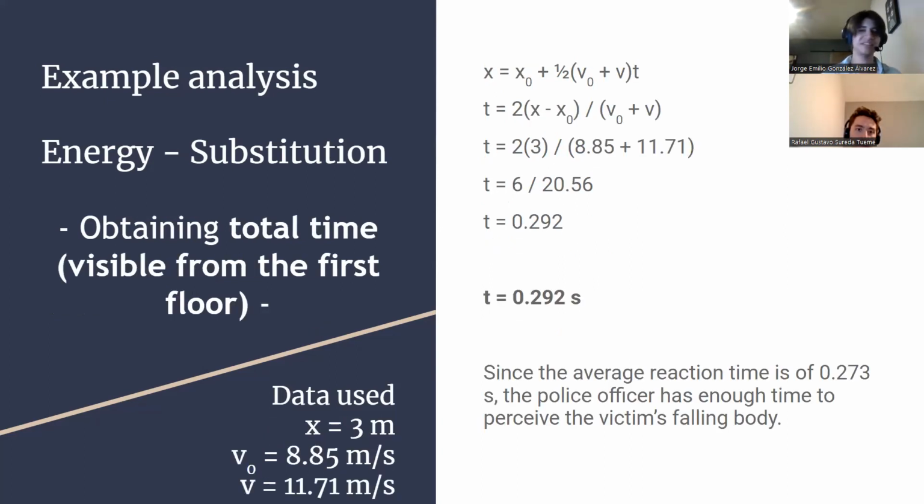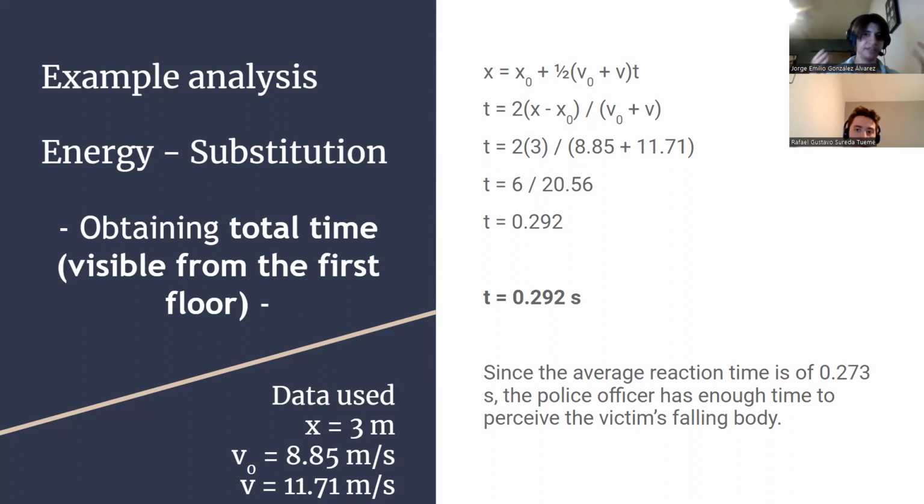And now, using the formula, final position equals initial position plus half of the initial velocity plus final velocity times time, we can isolate the time variable and solve: time equals 2 times the final position minus initial position divided by the initial velocity plus the final velocity.